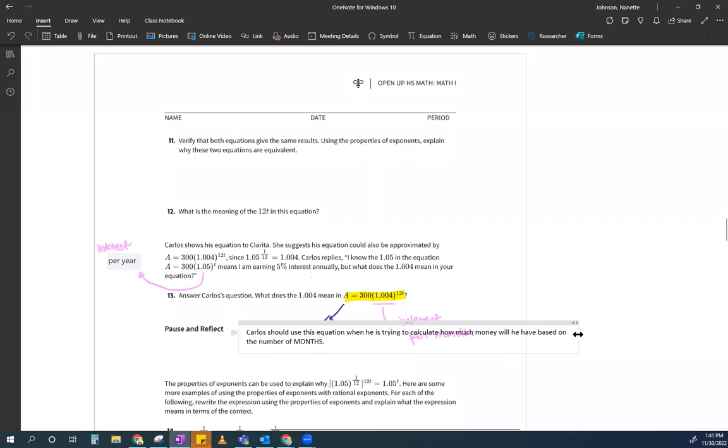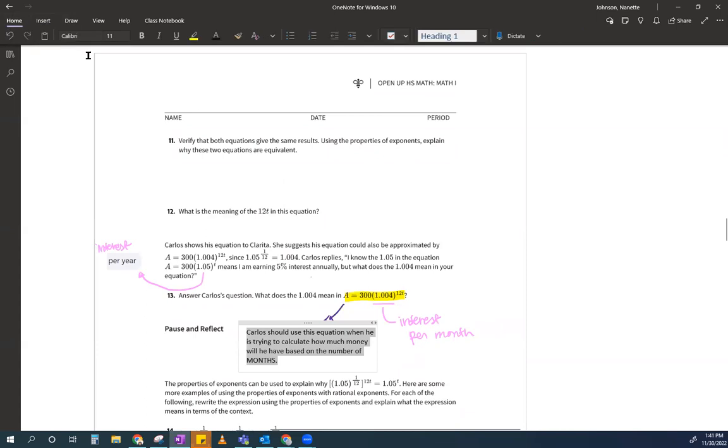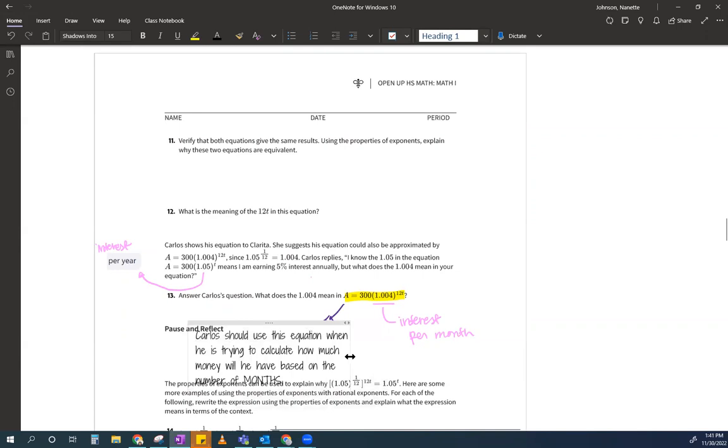Does that make sense? Months. I'm talking months. Okay, so let me just highlight this so that you guys all see this. He should use this equation whenever he's trying to calculate it based on the number of months.